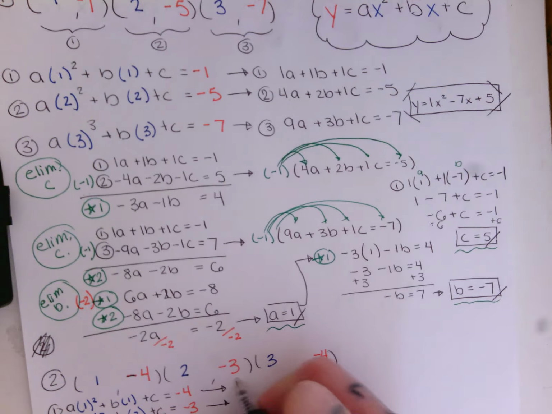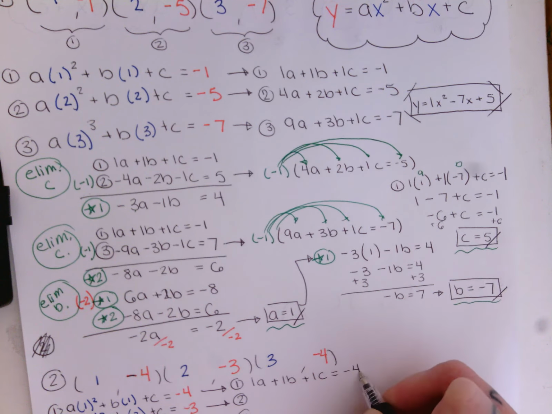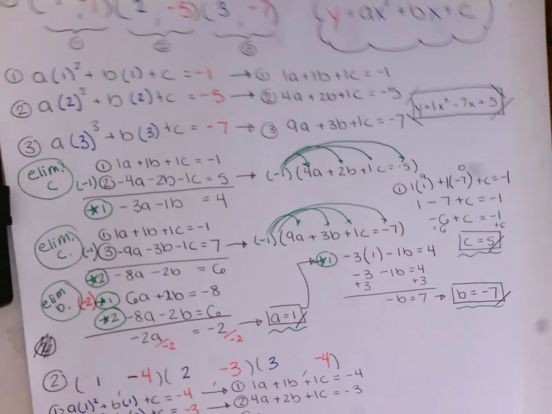So my equations 1, 2, and 3 become 1a plus 1b plus 1c equals -4. Now we've got 4a plus 2b plus 1c equals -3. And then we have 9a plus, oops, I made a mistake here.